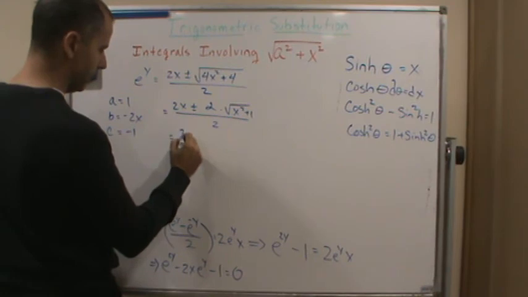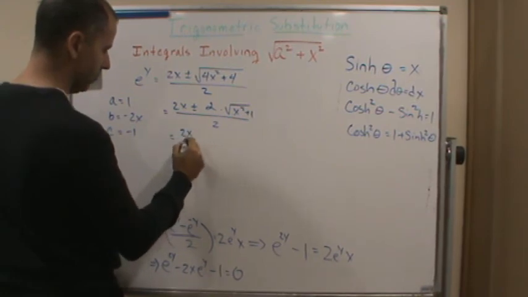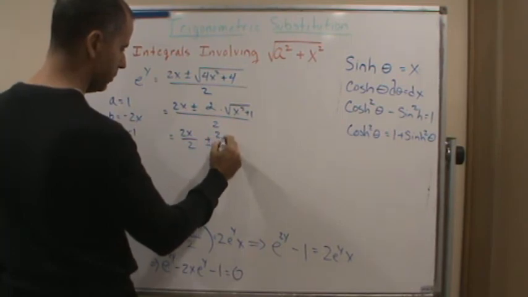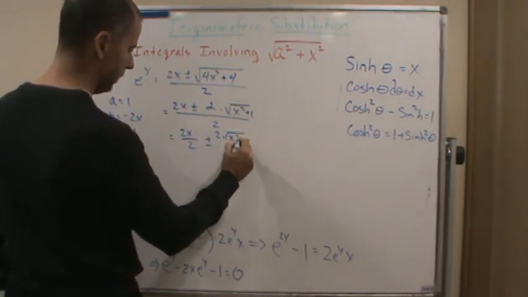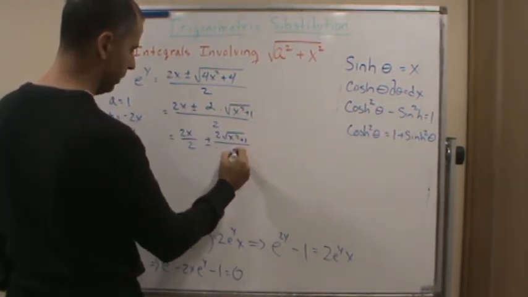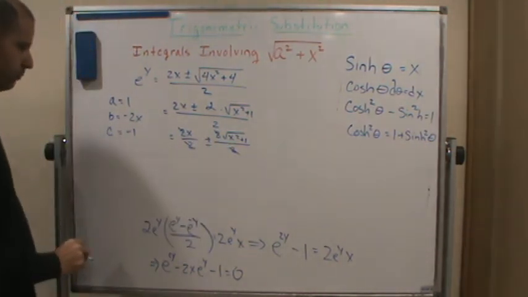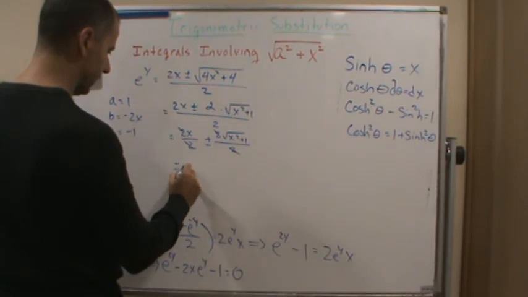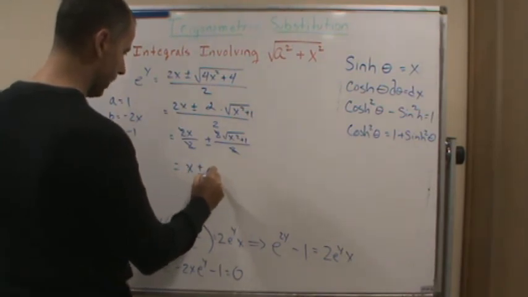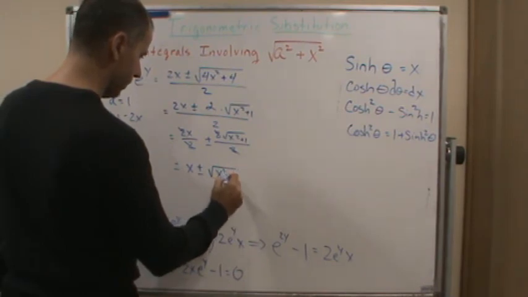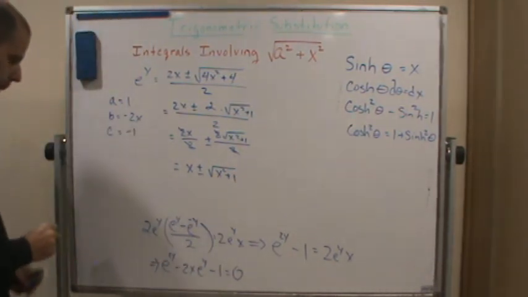Because this is going to be 2x over 2 plus or minus 2 times the square root of x squared plus 1 over 2. So look at this, I get x plus or minus the square root of x squared plus 1.